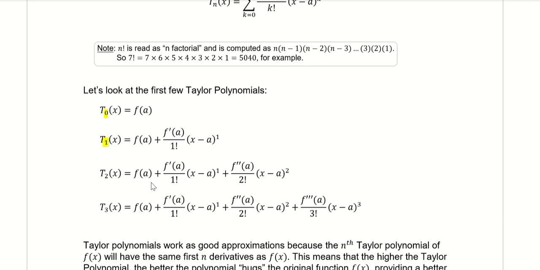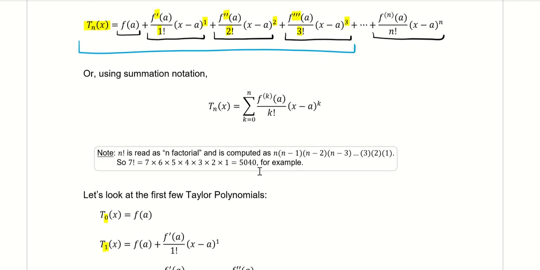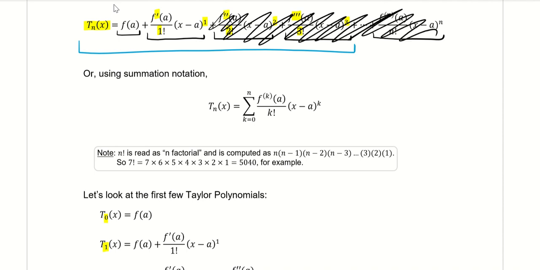This one we actually use quite a bit. This is the 1st degree Taylor polynomial. I have it written in the same structure as up here. So the 1st degree Taylor polynomial is just this: f of a and then everything involving 1, that's the nth degree, the 1st degree.